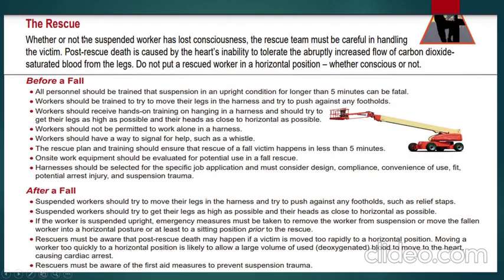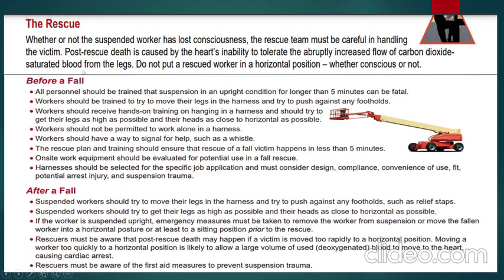Whether or not the suspended worker has lost consciousness, the rescue team must be careful in handling the victim. Post-rescue death is caused by the heart's inability to tolerate the increased flow of carbon dioxide-rich blood from the legs, and do not put a rescued worker in a horizontal position whether conscious or not.